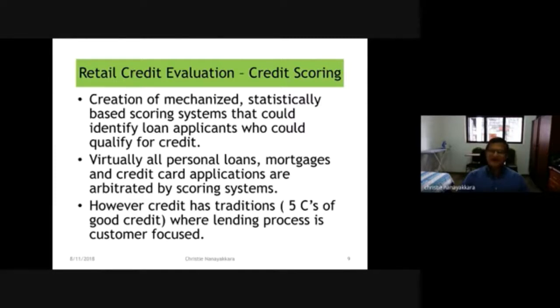Now, having understood all that, we are in a position to do a proper credit evaluation. This is where we identify whether the customer is creditworthy, and if you do a proper evaluation, you can avoid the credit risk.